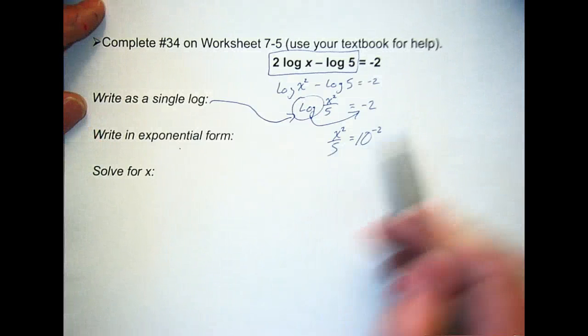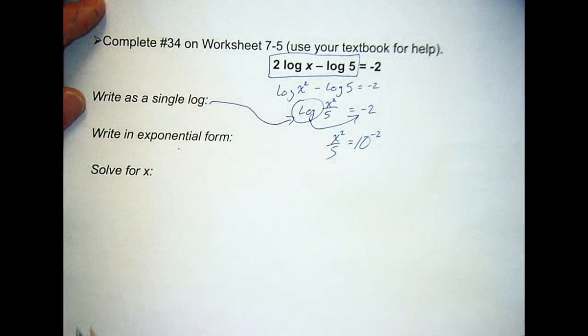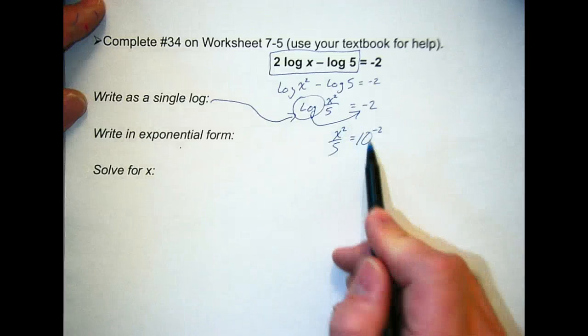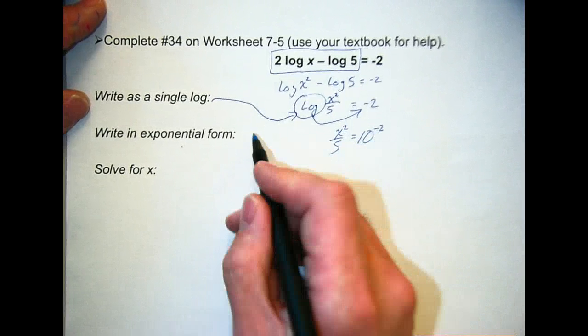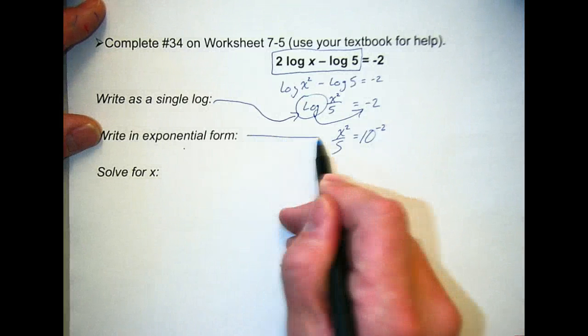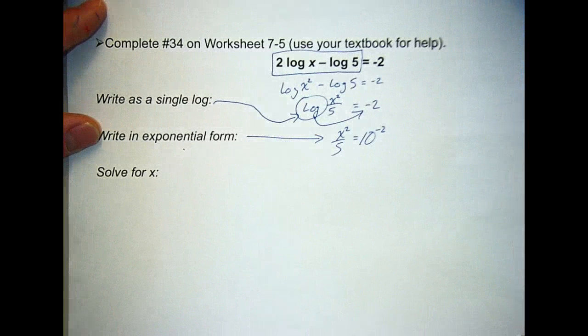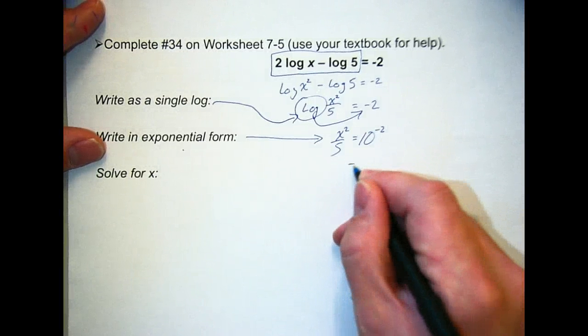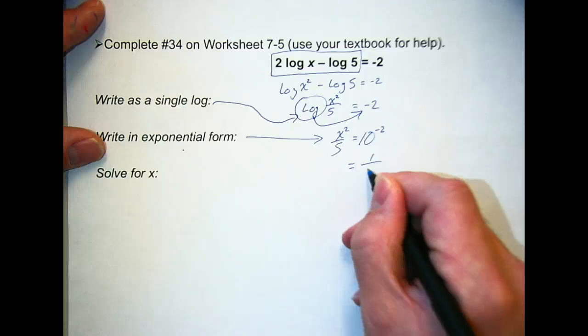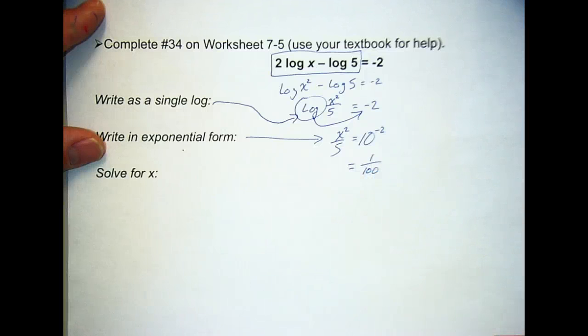I'm just showing you something moving across an equal sign because you're familiar with that. But when you move that over, it becomes an exponent. Now you have this. Some of you may get confused like this, but this is exponential form. What is 10 to the negative second in fraction? 1 over 100. 1 over 10 squared, or 1/100th.